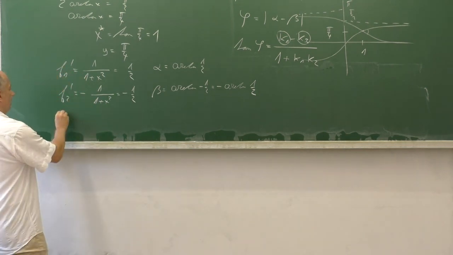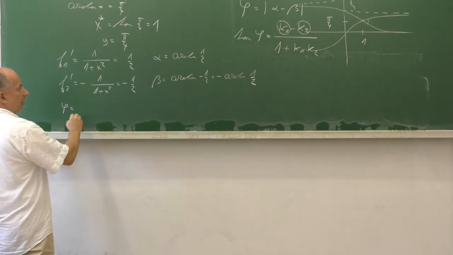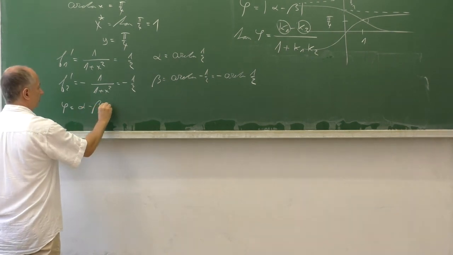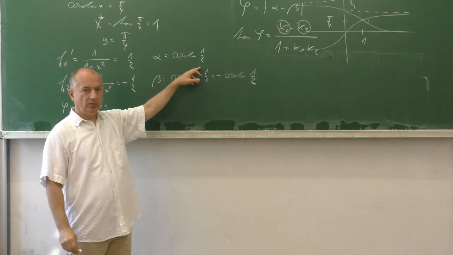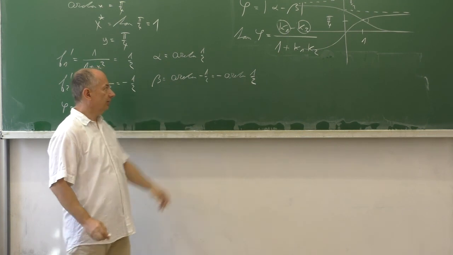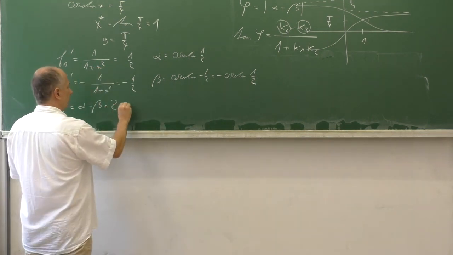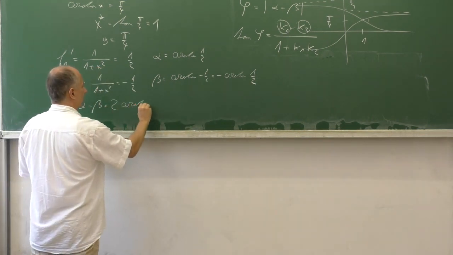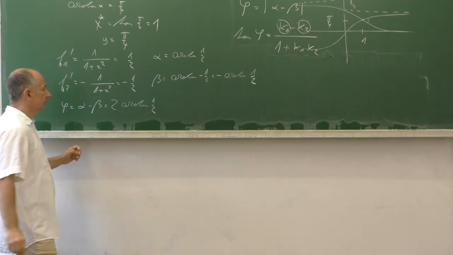And then the angle phi, alpha minus beta, is arctangent of 1 half minus minus arctangent of 1 half, which is 2 times arctangent of 1 half.